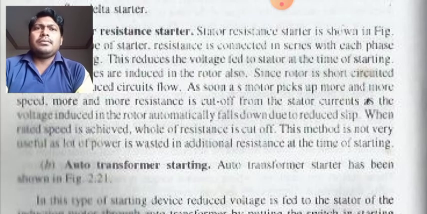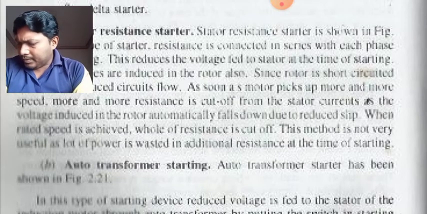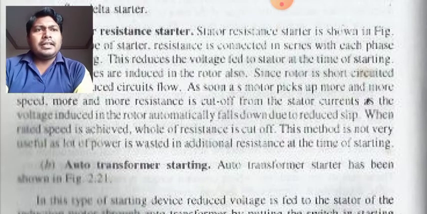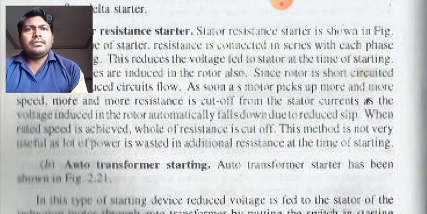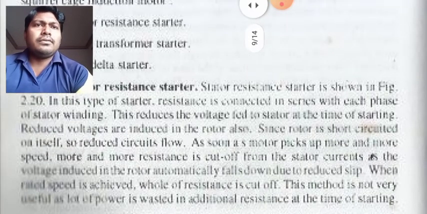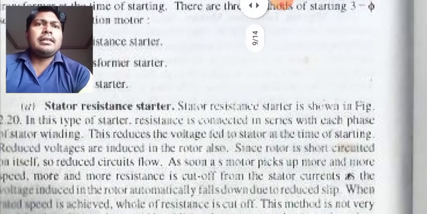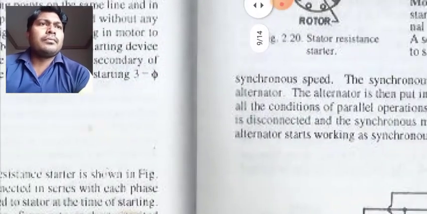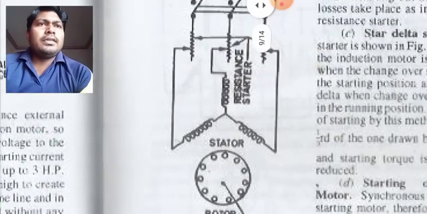Now let us discuss the second method, auto transformer starting. The diagram is shown in the figure. Let us first check the figure of the stator resistance starter, that is figure 2.20.